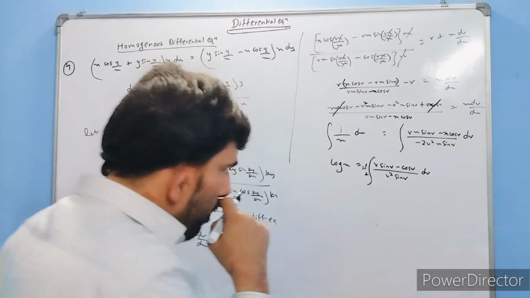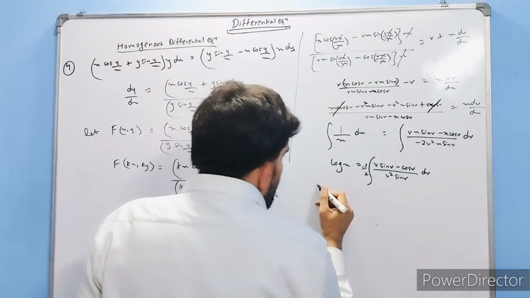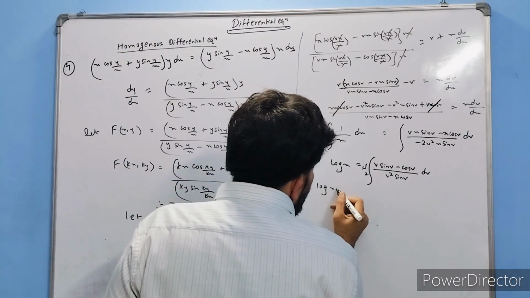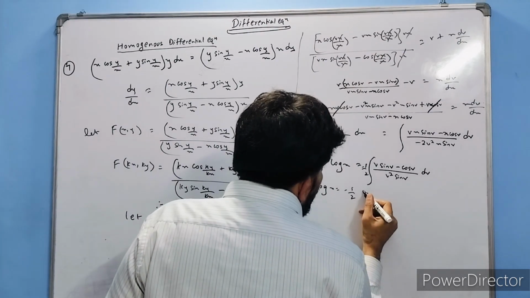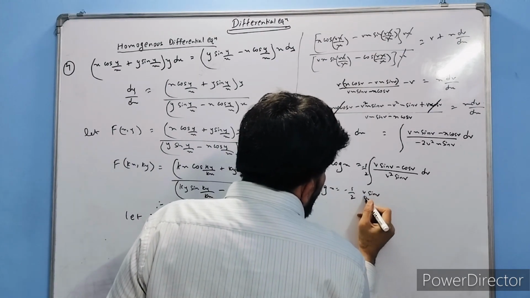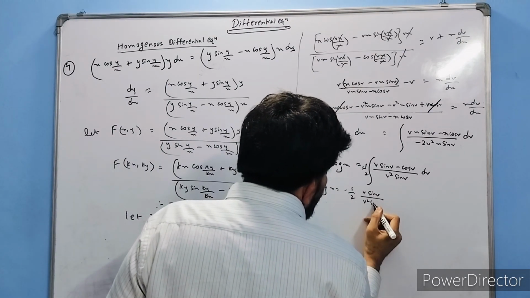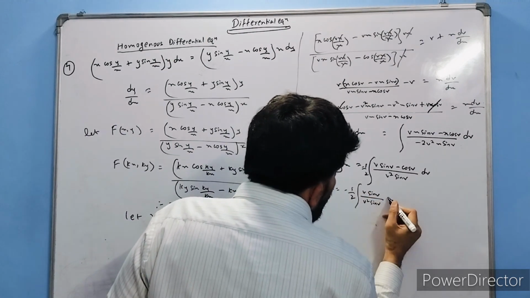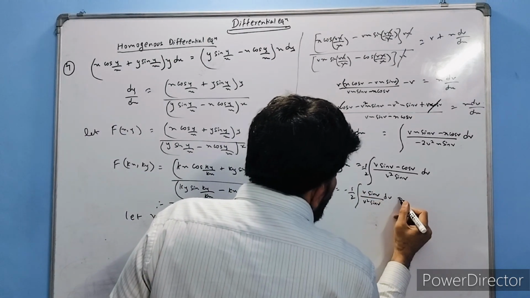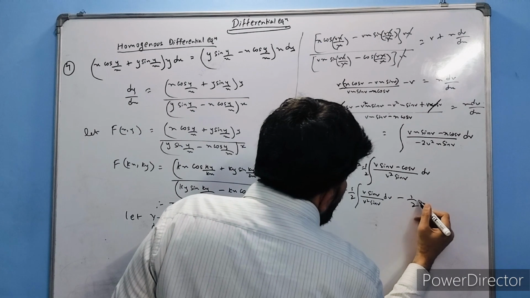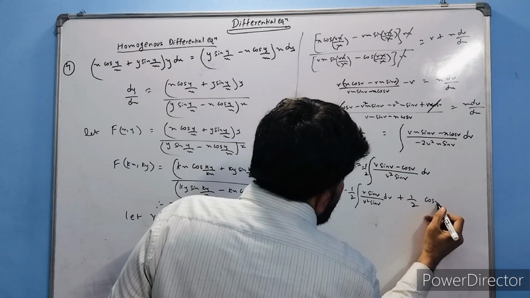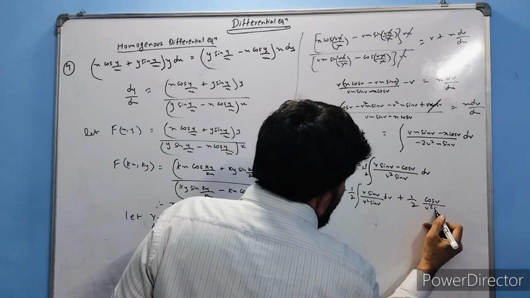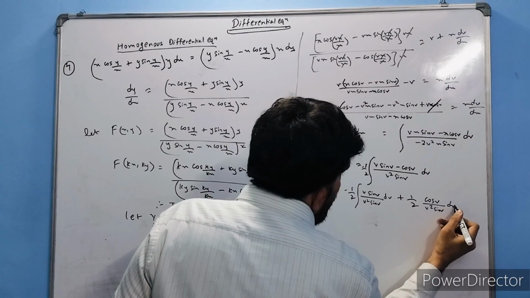Okay, if I separate it out, what I will get here, minus half v sin v upon v square sin v dv, minus half, here also it will be cos v upon v square sin v dv.